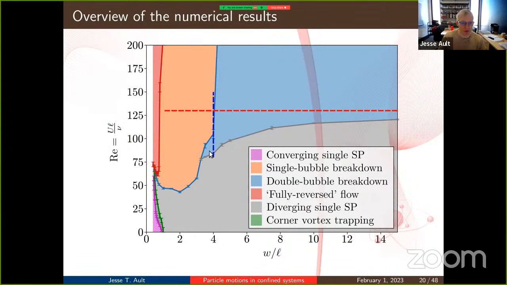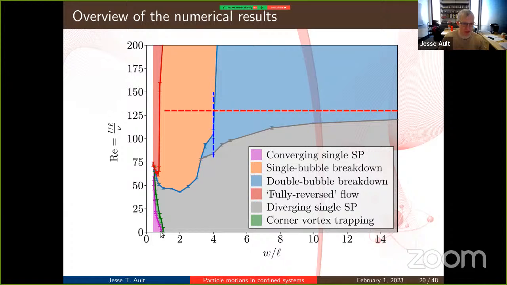So we did quite a few simulations varying the cavity width and Reynolds number. And actually, the dynamics are surprisingly complicated. This is a phase diagram showing all the different types of trapping modes that we observed. These are just names that we came up with based on what they look like. And I'll try to visualize some of these transitions.